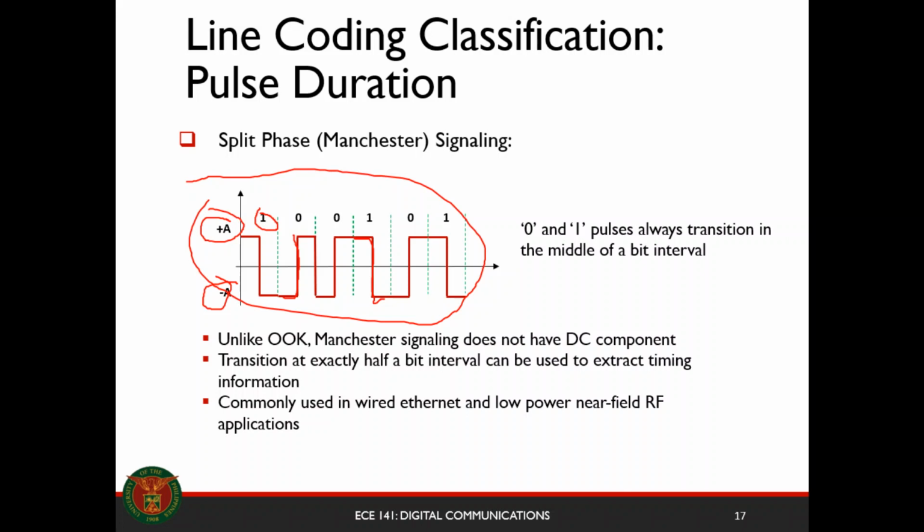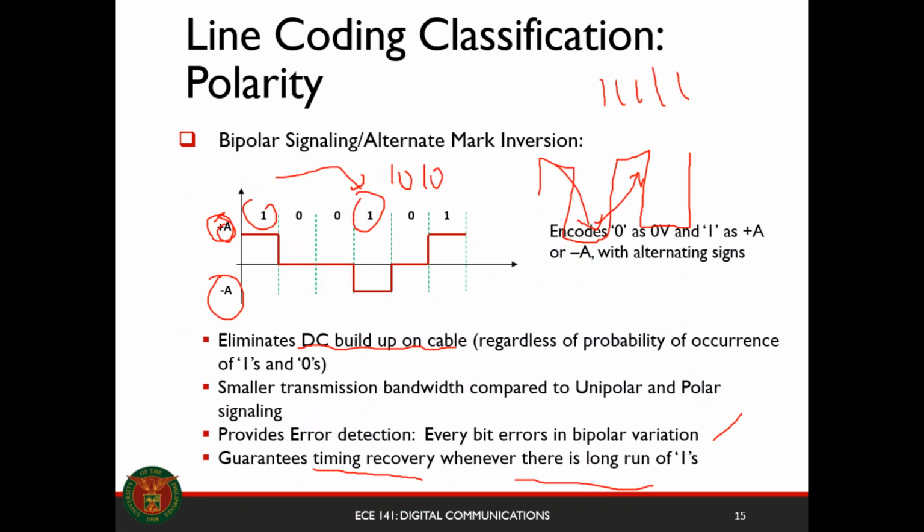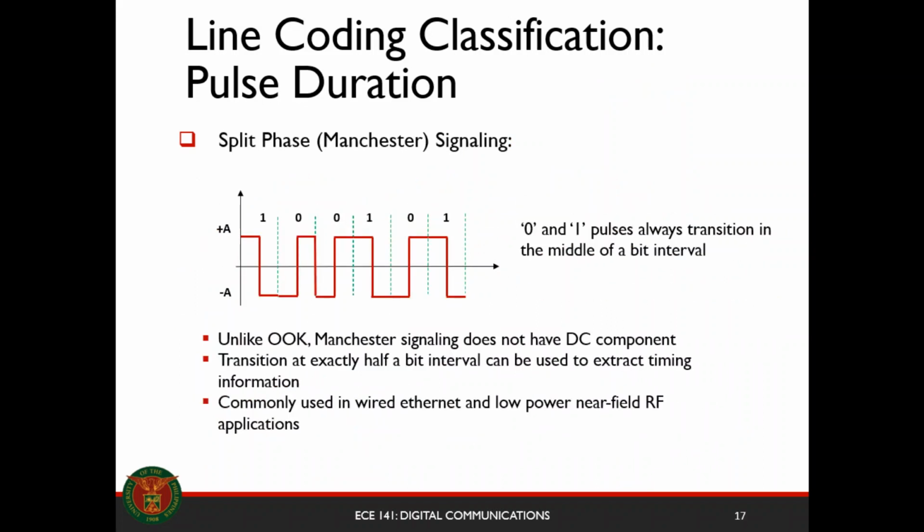Okay? Instead of defining 1 and 0 as signal levels, we define 1 and 0 as a transition. Okay?